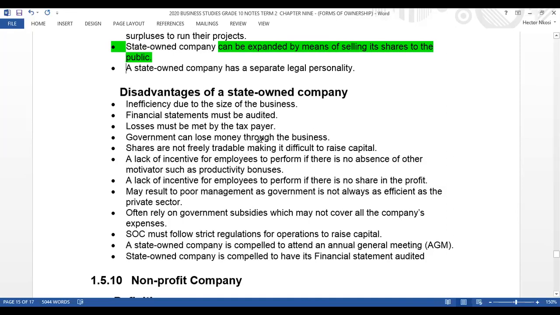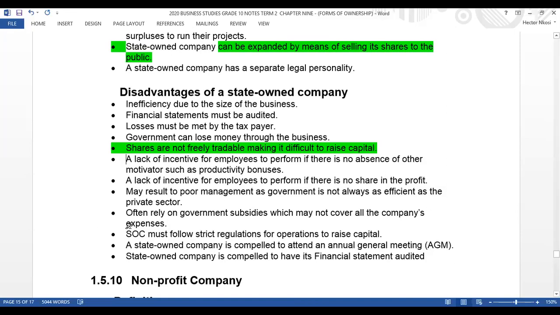Shares are not freely tradable, which makes it difficult to raise capital. In public companies, shares are freely tradable, but in a state-owned company, they are not, right? There is a lack of incentive for employees to perform if there are no other motivators such as productivity bonuses, or no share in profit.